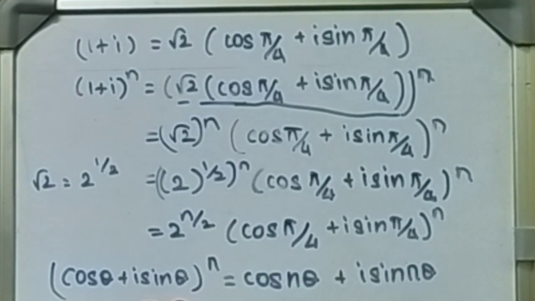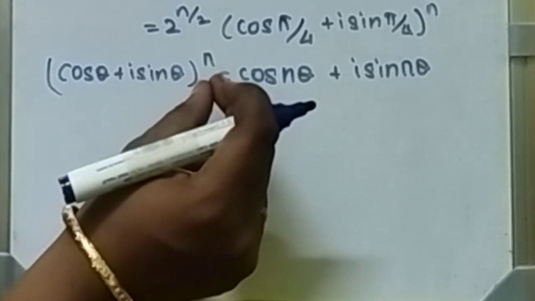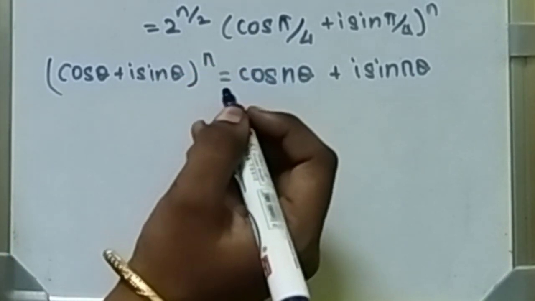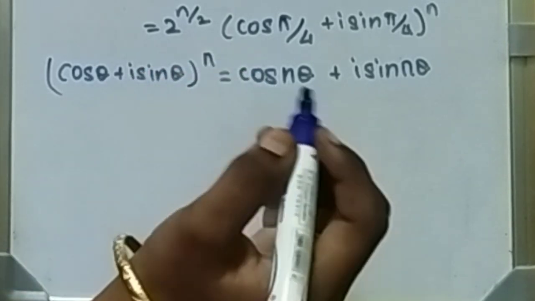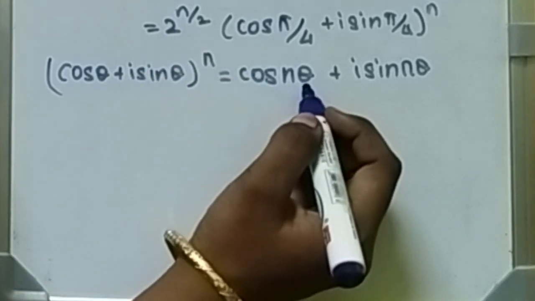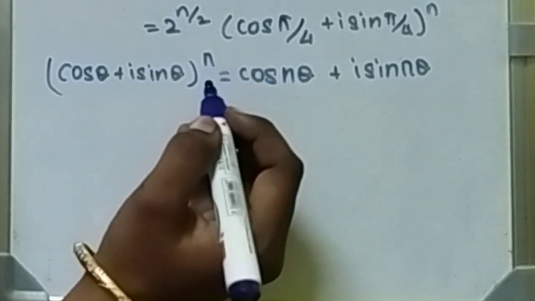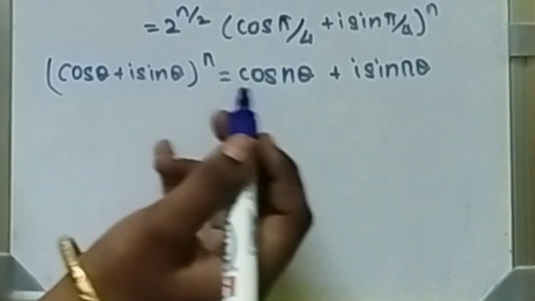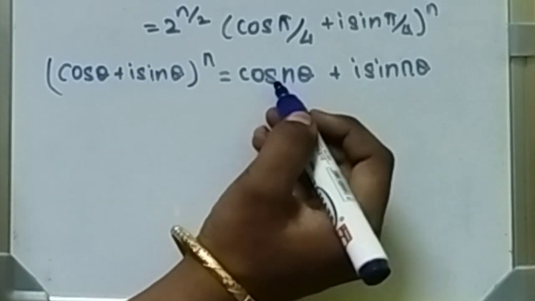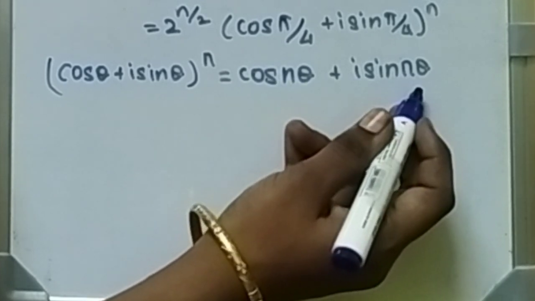So if cos theta plus i sin theta has some power n, we take this n and multiply it with the angle. So their angles will be multiplied by the power. What we have in power is n, and in angle is theta. So it will become cos n theta plus i sin n theta, right?